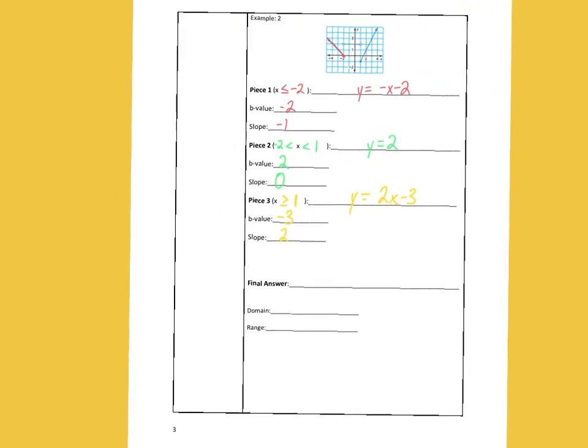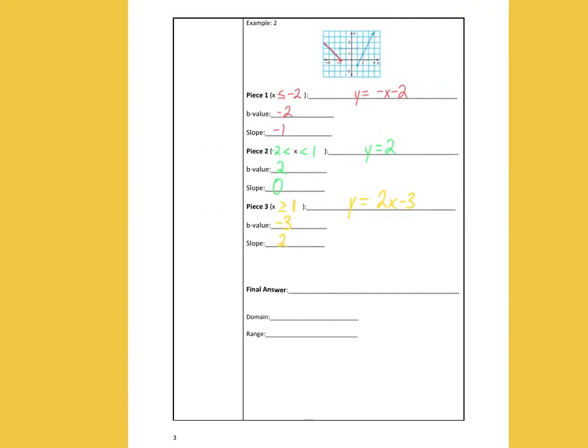Okay, so to grand finale this, write it as one piece. The top part. -x minus 2. Perfect. Next part.